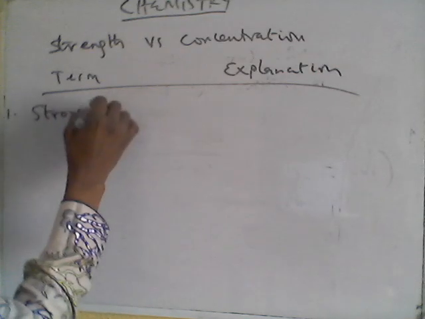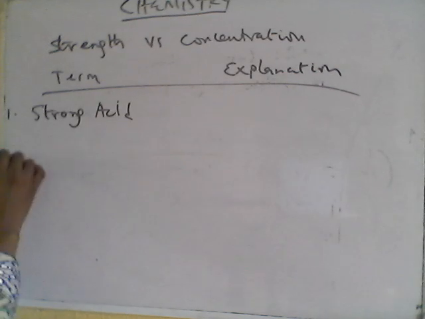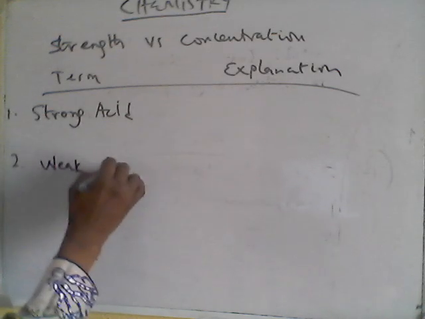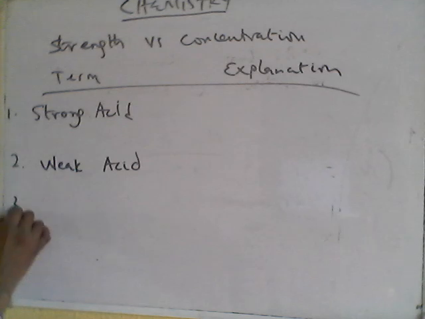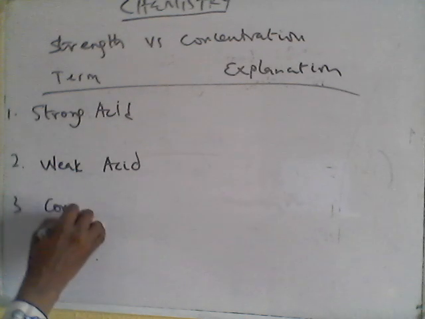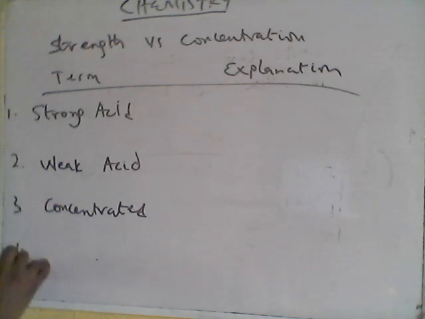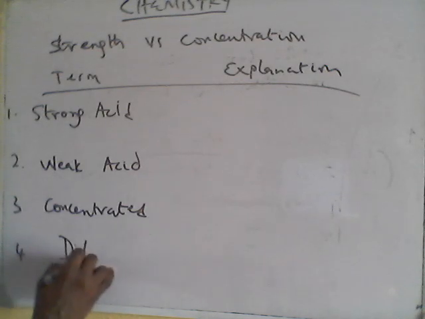So the first thing I want to talk about is strong acid. Secondly, I have weak acid. Thirdly, I have concentrated. So when you hear the word concentrated or the word dilute, what does that mean?